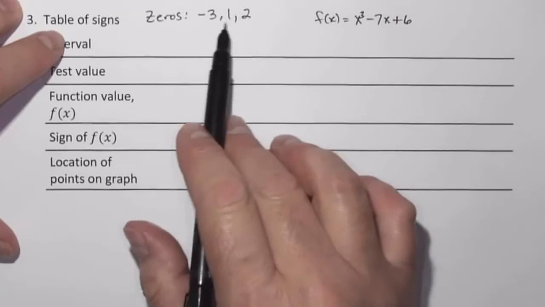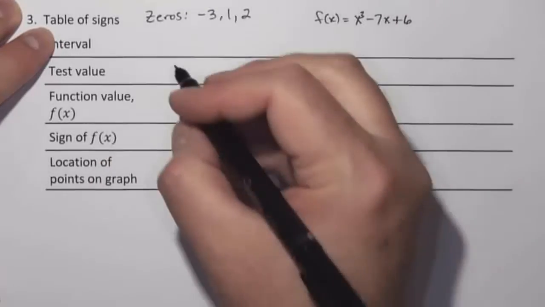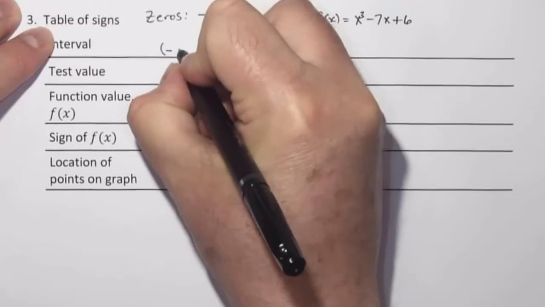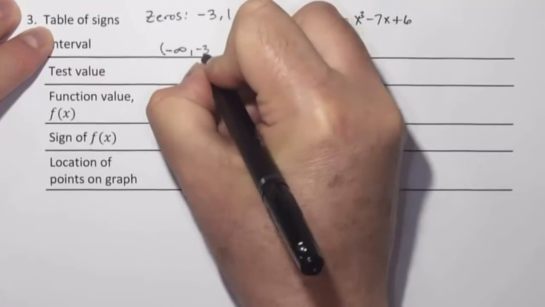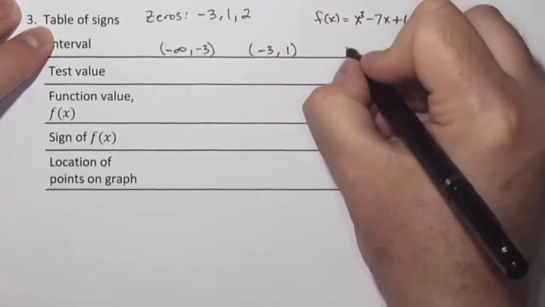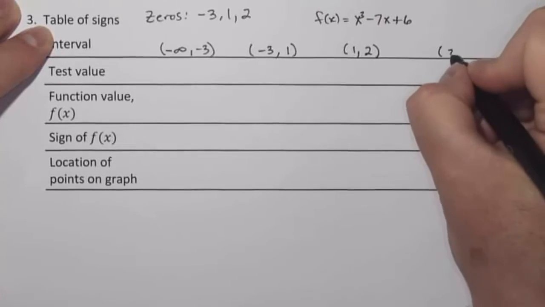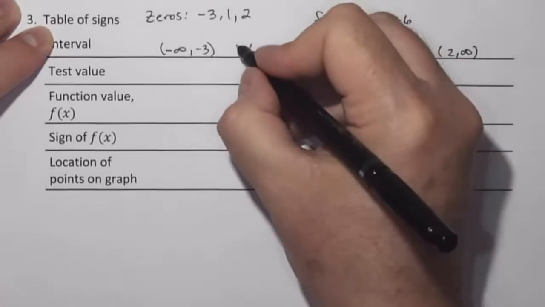So our zeros, our x-intercepts, divide the number line into 4 regions. So we're going to look at the interval from -infinity to -3, the interval from -3 to 1, the interval from 1 to 2, and then the interval from 2 to infinity.